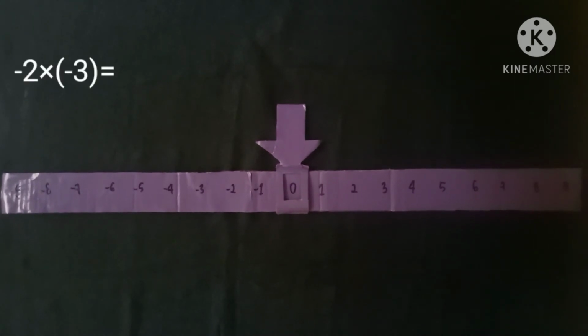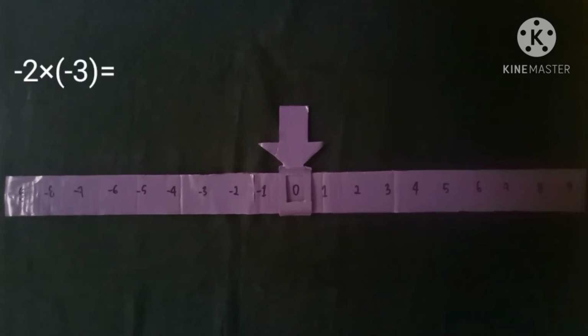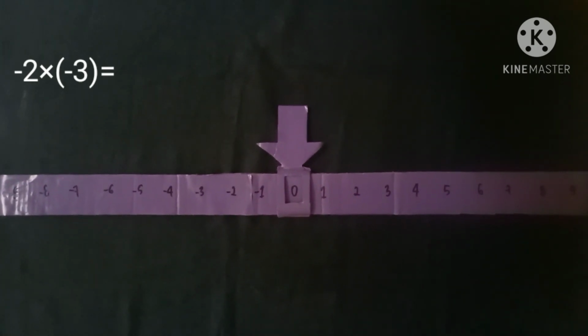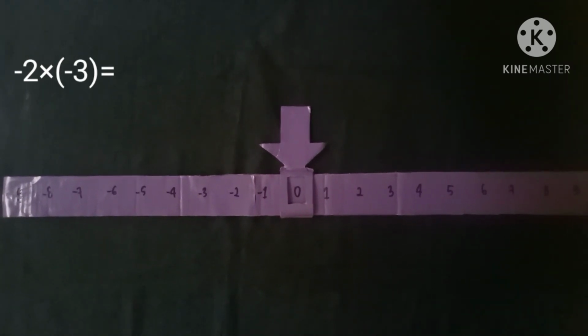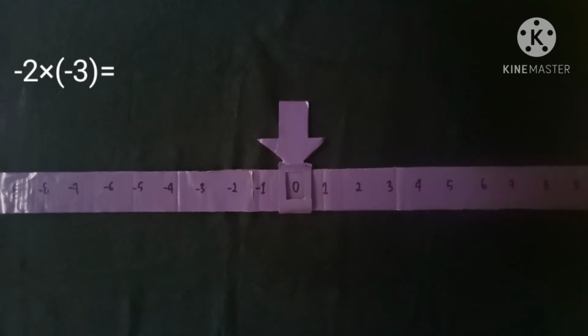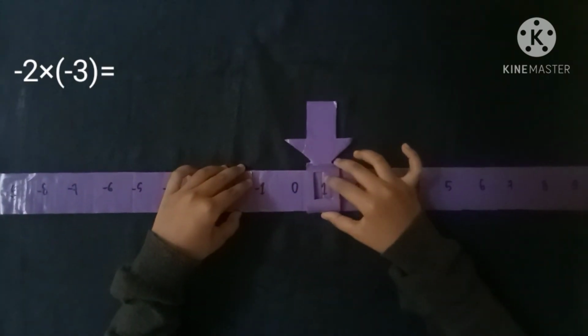Example 2. Negative 2 times negative 3 equals. Because the numbers are both negative, the arrow goes to the right and advances to the right. The step, the arrow starts to move from 0. Advance to the right by 3 units.